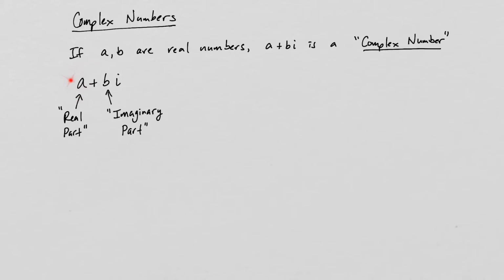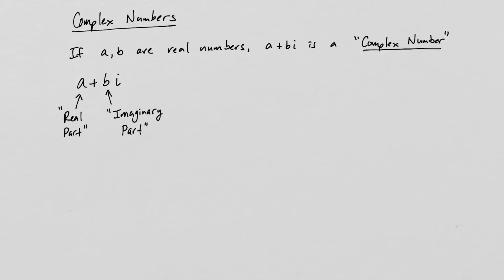It's a real number a plus another real number b times i. And the real number a is what we call the real part of the complex number. And the real number b, which is being multiplied to i, we call that the imaginary part of the complex number.